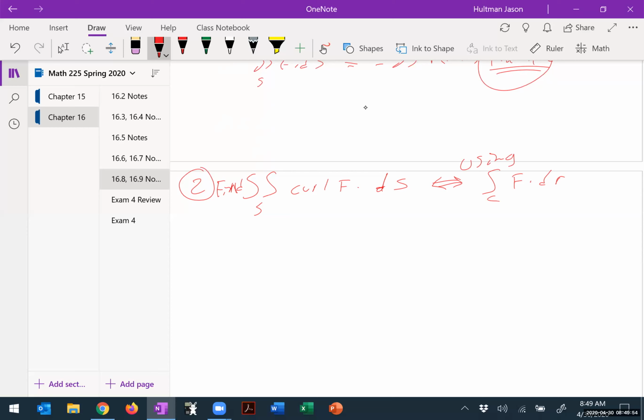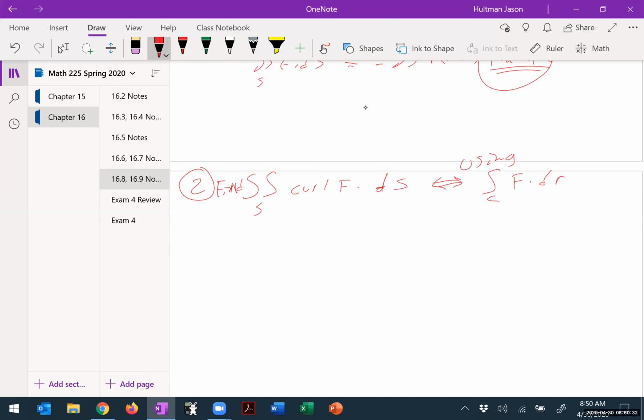Now, this problem can actually be done both ways. I didn't choose a hard problem. You could find it using the surface integral, or you could do it using the line integral. One of the ways is going to be easier than the other, and that's why we have Stokes theorem, because sometimes it's easier to do the surface integral, but if the surface is really weird and wonky, and it's a closed boundary, then we want to use the line integral, because that one's going to be easier.